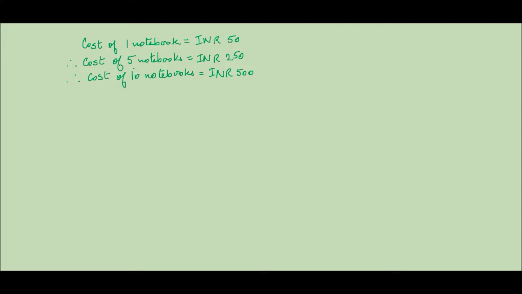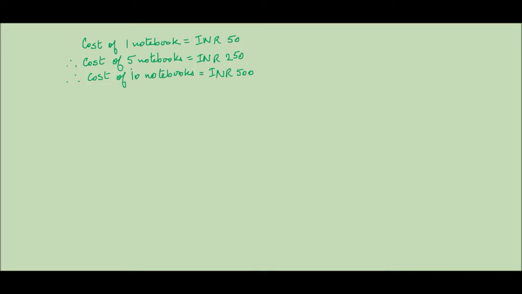So you see over here, as we increase the number of notebooks, the corresponding price increases. If we want to buy 5 notebooks, we have to pay 250 rupees or INR 250. But if we purchase 10 notebooks, then we have to pay INR 500. So we see there are 2 parameters.